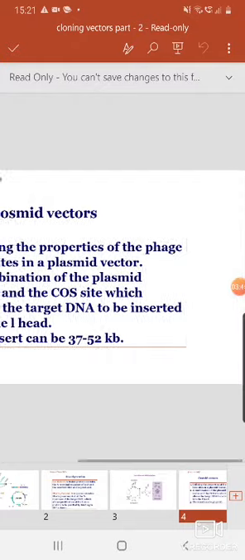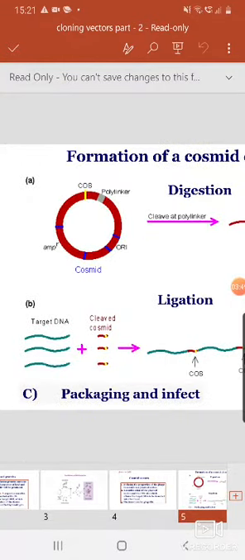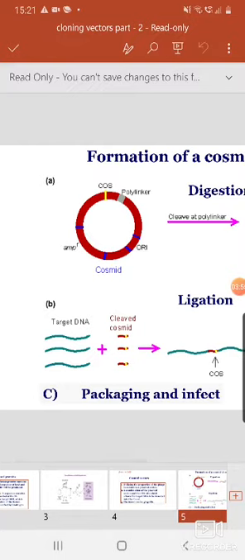However much DNA a lambda phage can accommodate in its head as a genome, that much is the capacity of this vector. Now the question comes: how do we clone in a cosmid vector? A typical cosmid vector has a polylinker site, that means a multiple cloning site, an origin of replication, an ampicillin resistance gene and the cos site.